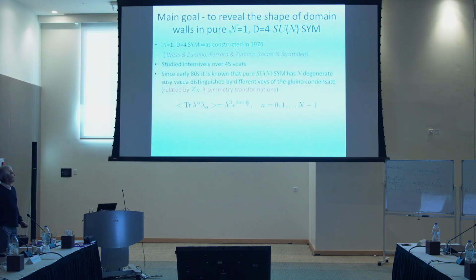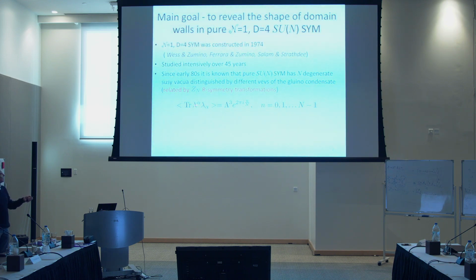For example, in the early 80s it became clear that this N=1 super-Yang-Mills with the SU(N) gauge group has N degenerate vacua, supersymmetric ones, which are distinguished by the vacuum expectation value of the gaugino condensate, and which are related by the discrete Z_N symmetry.